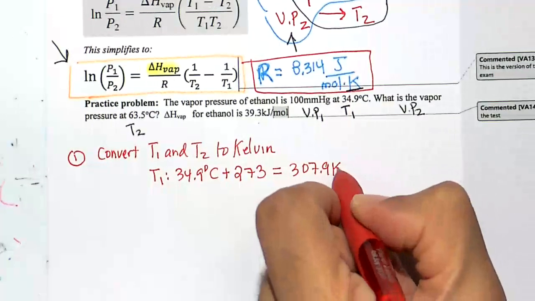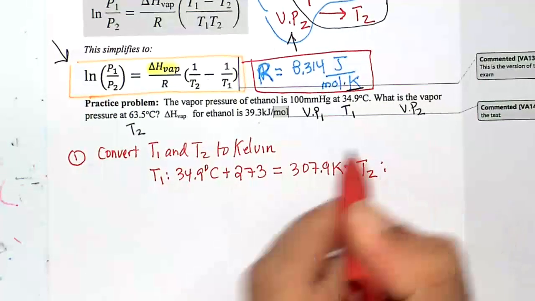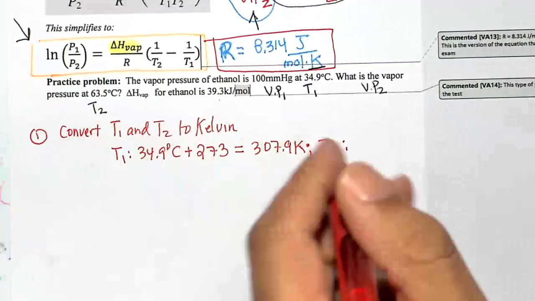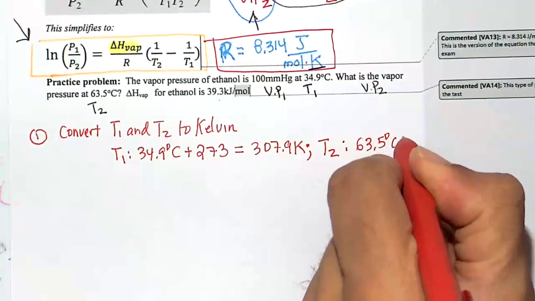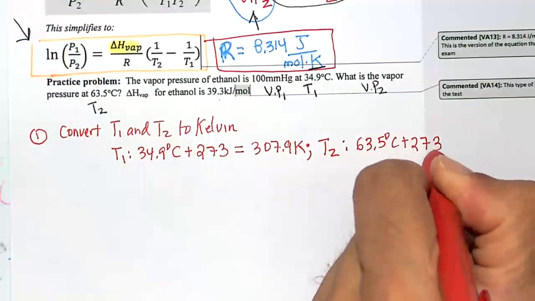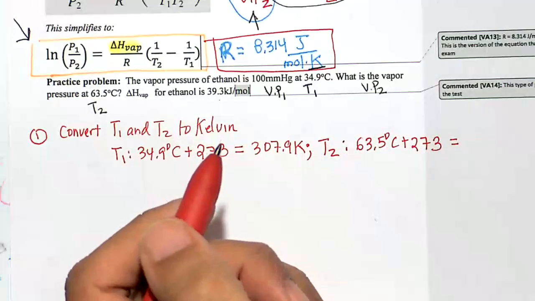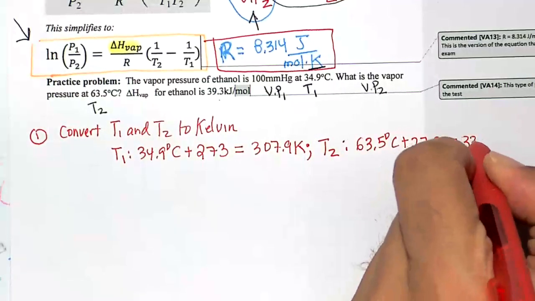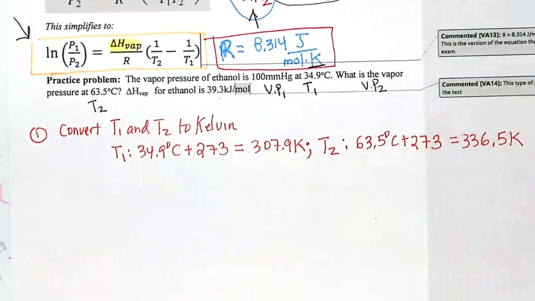Okay, let's do that for T2 as well. T2 is 63.5 degrees C plus 273. And I'm getting 336.5 Kelvin.